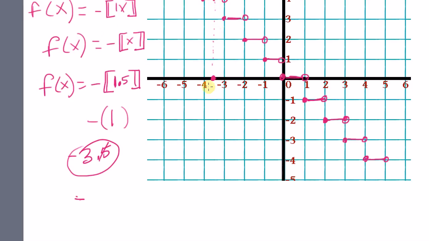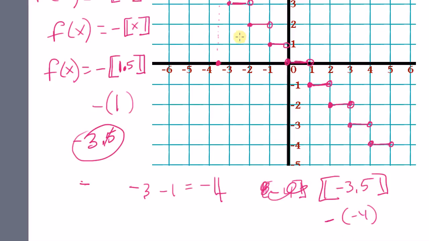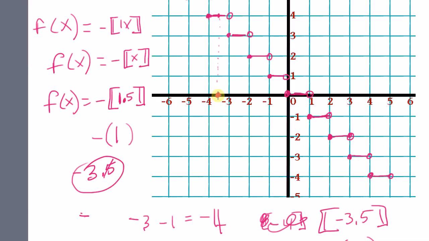The greatest integer should be negative 4, and it is, because it's going to be this value, negative 3 minus 1. I'm sorry, the greatest integer function, we had negative 3.5. We said that that was negative 4, the greatest integer. And then the opposite of that is a positive 4. So negative 4, positive 4. Okay, that works.